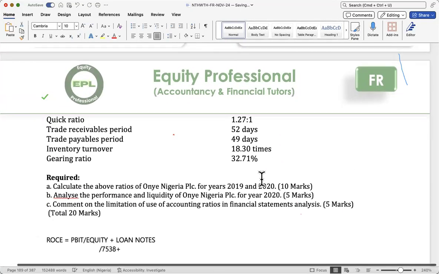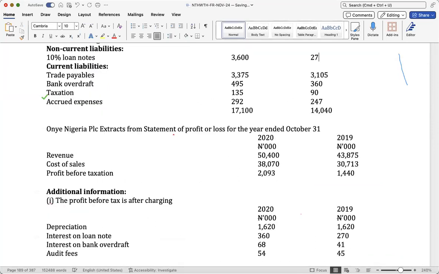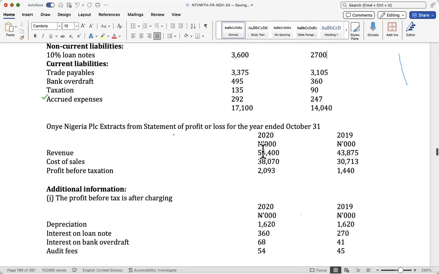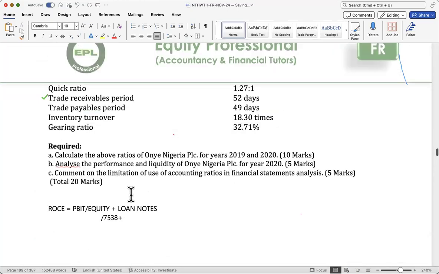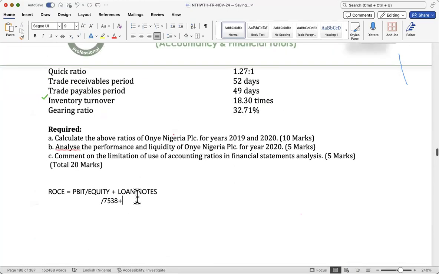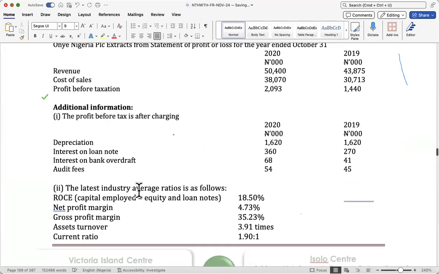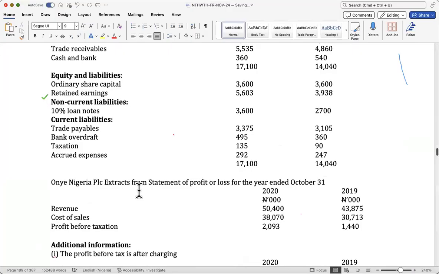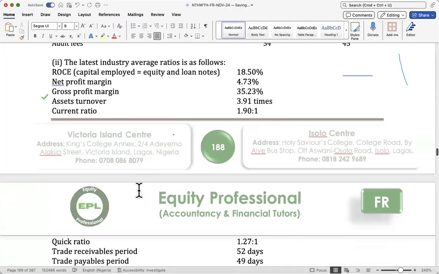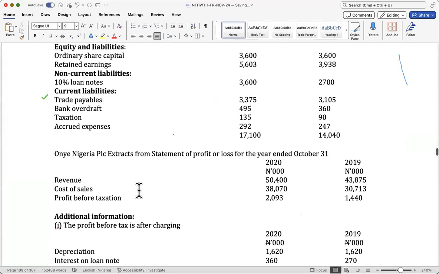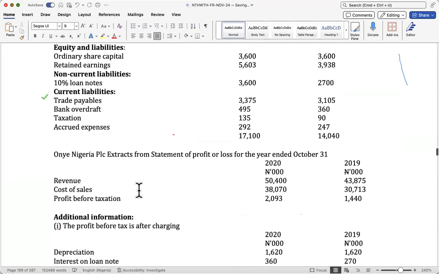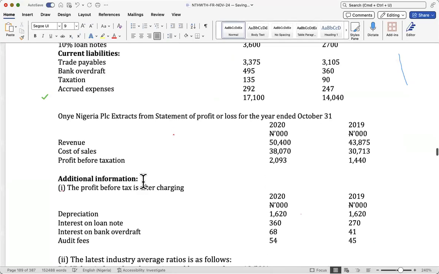So if you add 2700 to it, we get 10,238. Okay, so what's our PBIT for 2019?